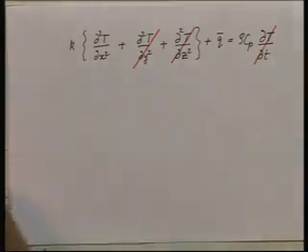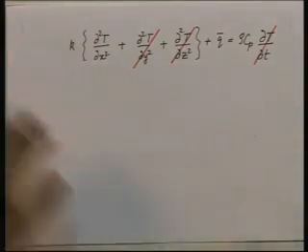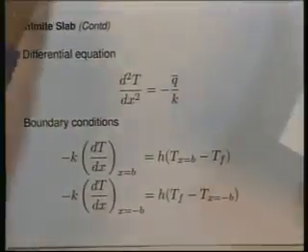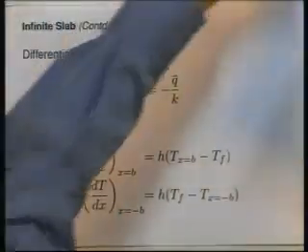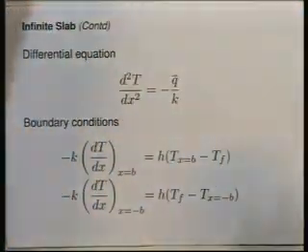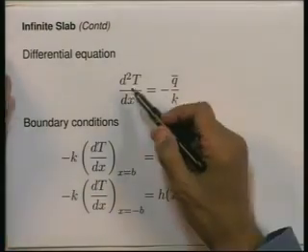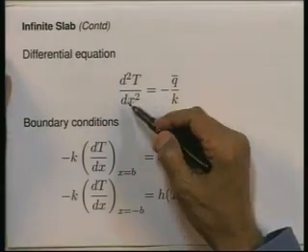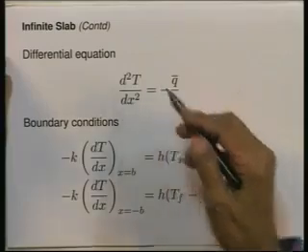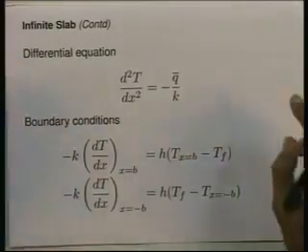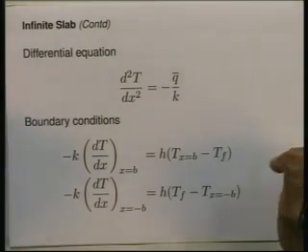So, the differential equation reduces to d2T/dx squared is equal to minus q bar by k. Notice I have gone from the partial differential to the ordinary differential, because we have variation only in the x direction, and no variation with time.